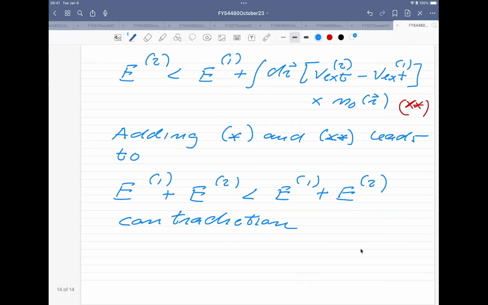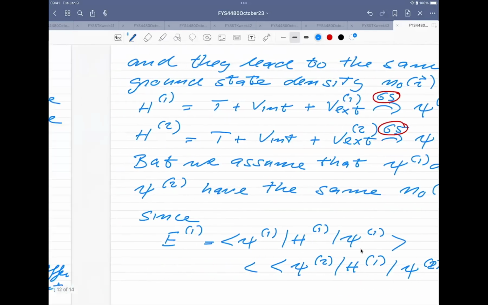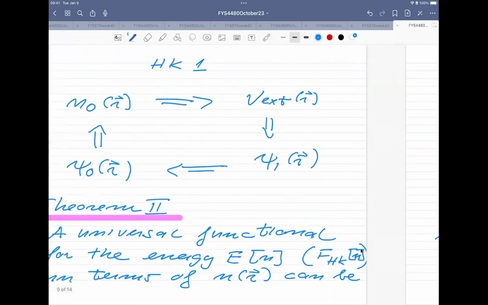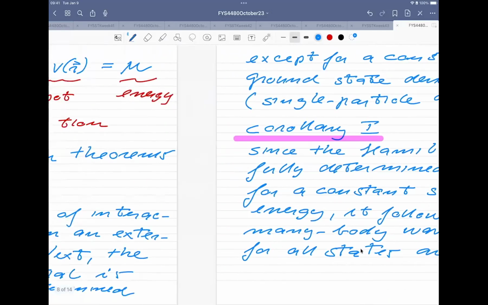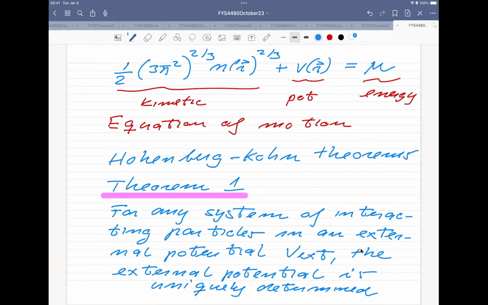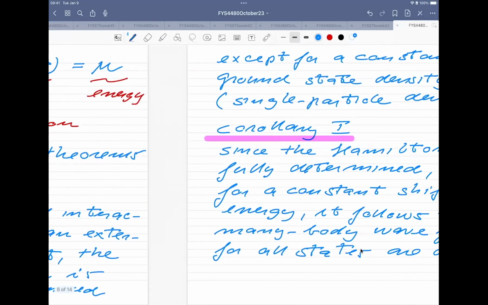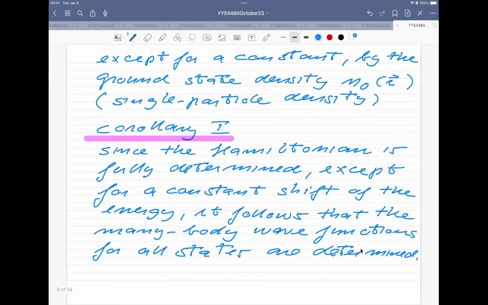So if we look back at the theorem which we stated, theorem number 1, what we say is that for any system of interacting particles in an external potential V of x, the external potential is uniquely determined, except for a constant, by the ground state density. So what we did was to show that if we have the opposite, then we get a contradiction.